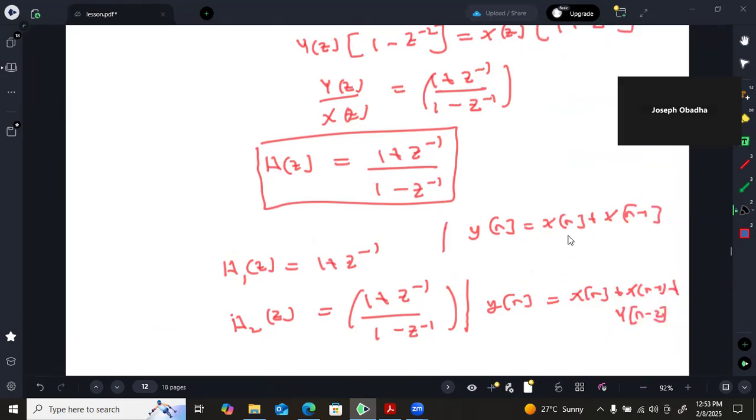So in the second case, you can see this is the output, but this part of the output that we are feeding to the input.